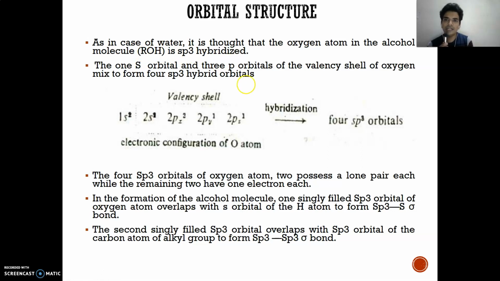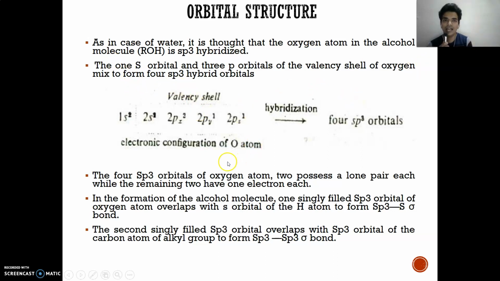We describe it by the electronic configuration of the oxygen atom: 1s2, 2s2, 2px2, 2py1 and 2pz1, that is 2, 2, 2, and 2 electrons, giving 8. The last 2 p orbitals contain one single electron each, and the others contain lone pairs of electrons. So the 2s orbital and 3 p orbitals of the valence shell of the oxygen are mixed to form sp3 hybridized orbitals.